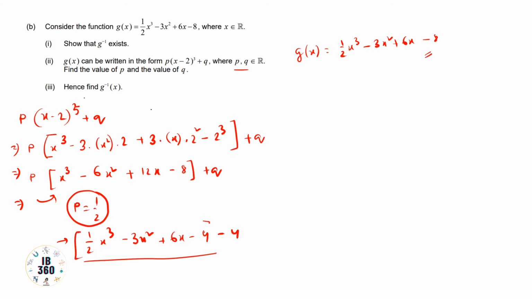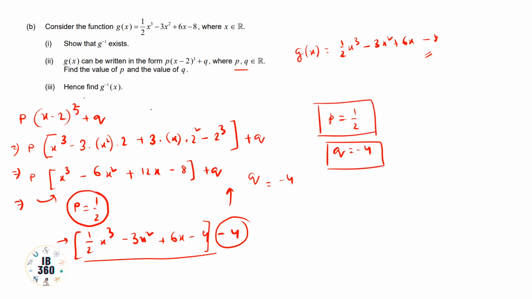After applying p I am getting this, and this is the leftover part, so this must be q. So q equals minus 4. I am getting my answer, that is, p equals half and q equals minus 4. This is the answer that I needed to find: the value of p and the value of q.